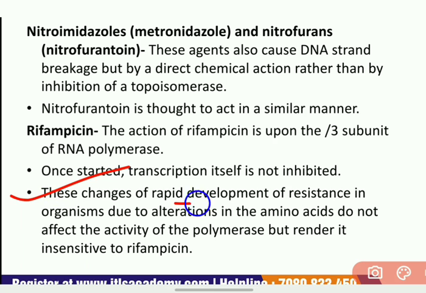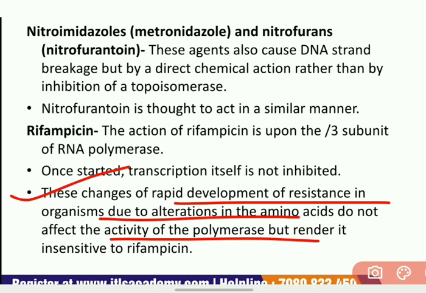Rapid development of resistance in organisms occurs due to alteration in amino acids, which does not affect the activity of the polymerase but renders it insensitive to rifampicin. The action of rifampicin is specific for the microbial RNA polymerase, the mammalian version being unaffected.